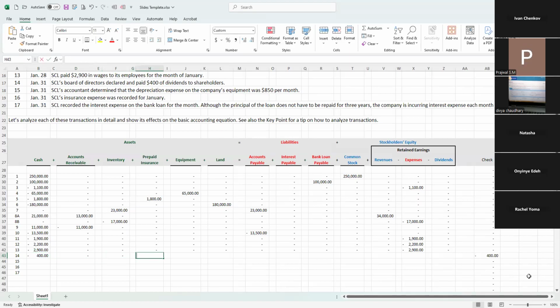And what are we going to decrease now? We are giving dividends. So the dividend minus 400. What's going to happen now? Retained earnings is going to go down and shareholders' equity goes down. That's correct. All right, let's do another one.